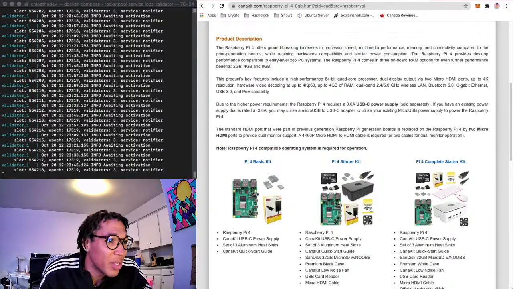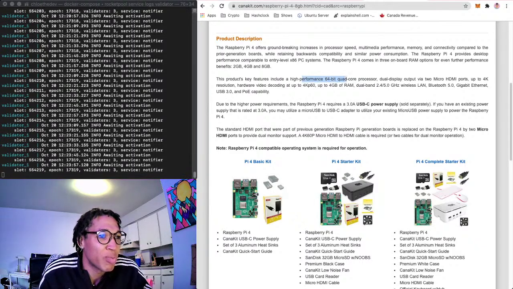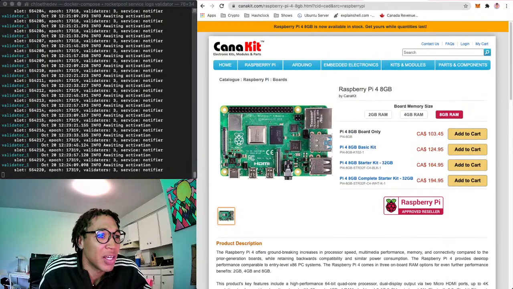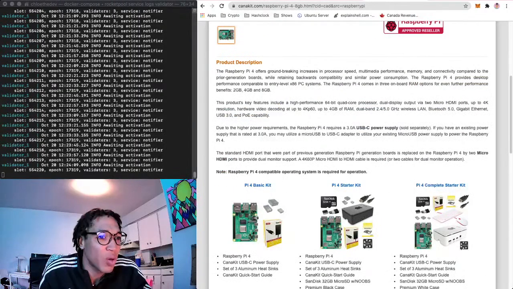Am I just not reading this properly? 64-bit quad-core processor. Okay, so I guess that's where you're losing out on performance. But what I'm not seeing is the storage.